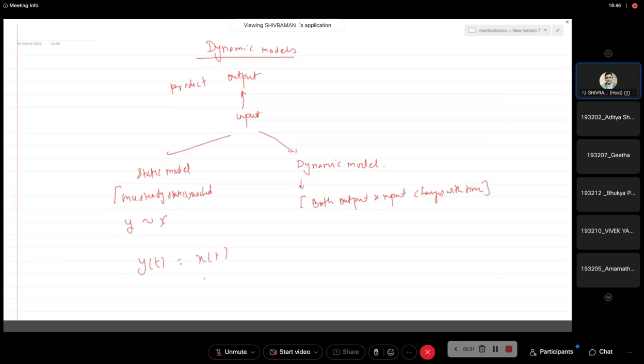Okay. So in order to express a system, it is generally represented by a differential equation with derivatives with respect to time. All right.